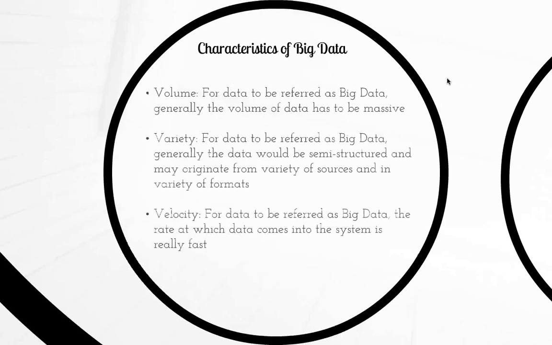Second dimension is variety. Generally the data would be semi-structured and may originate from a variety of sources. And the third dimension is velocity. The rate at which data comes into your system is really, really fast.